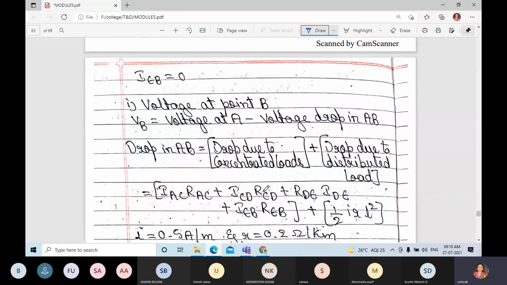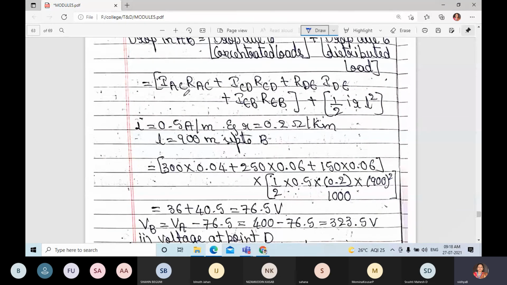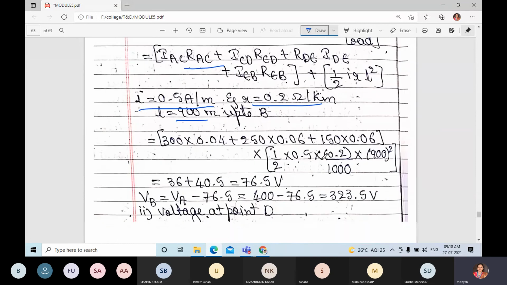Voltage at point B is equal to voltage at A minus voltage drop in AB. We know how to find the voltage drop, right? The voltage drop due to distributed load is 1 divided by 2 into I into R into L square. We know that L is equal to 900, I is equal to 0.5 amps per meter and R is equal to 0.2 ohm per kilometer.